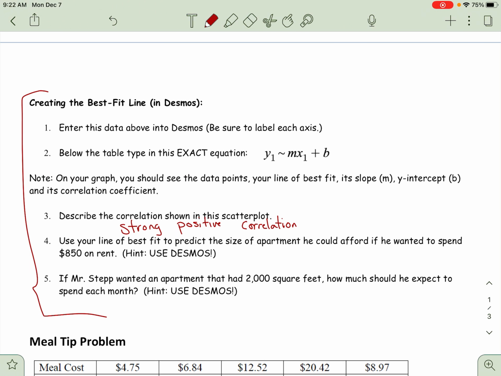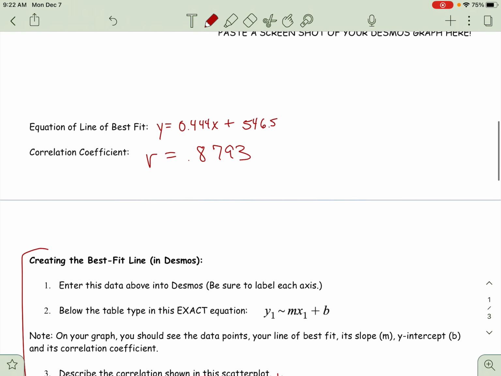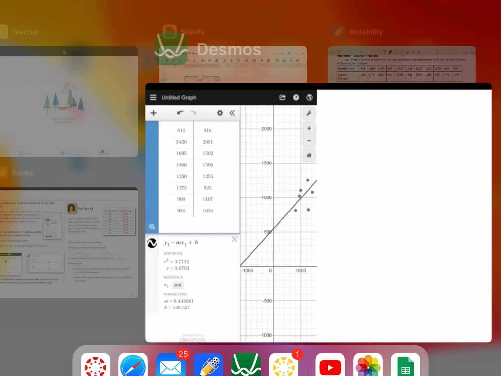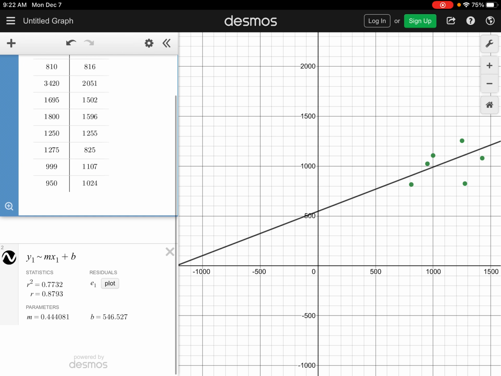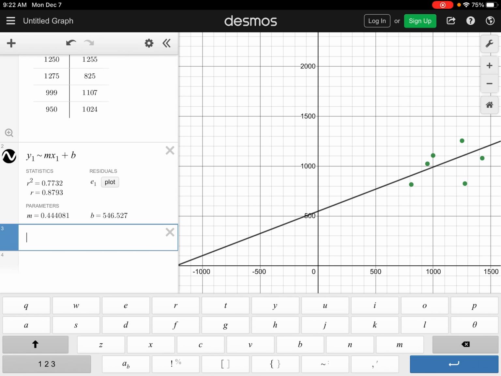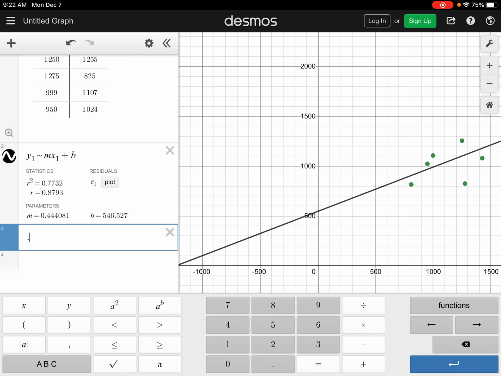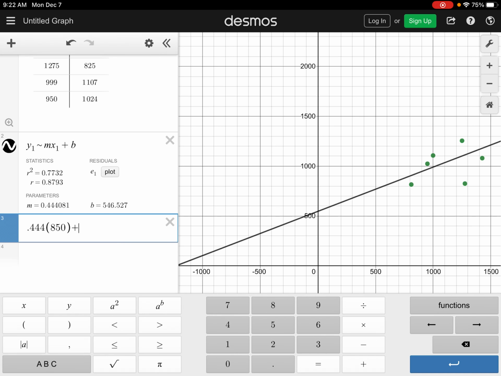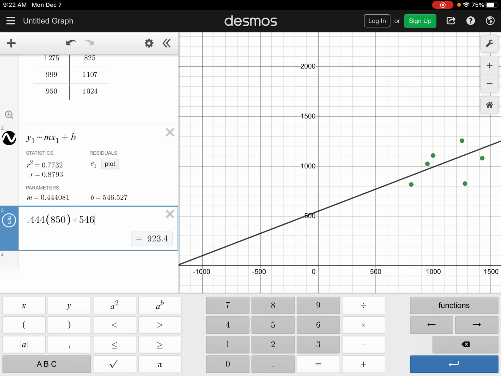Use your line of best fit to predict the size of apartment he could afford if he wanted to spend $850 on rent. Remember that rent was our x value, right? So using that equation, y equals mx plus b, where m is 0.444, times 850, because that would be his rent, plus 546.527, or 53.